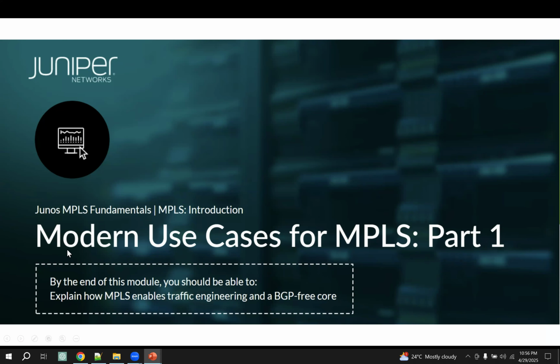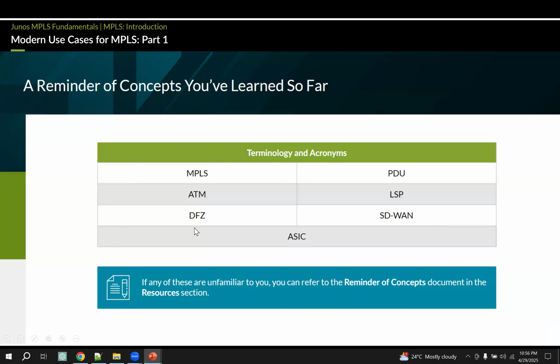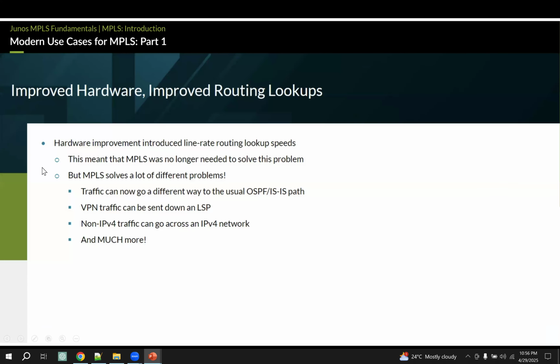This is the advantage. Modern use cases for MPLS, part one. Where do we use MPLS? Improved hardware and improved routing lookups. Hardware improvement introduced line rate routing lookups, speed. If you consider 10 years ago, the router and interface capacity, and think about now, there are huge changes.